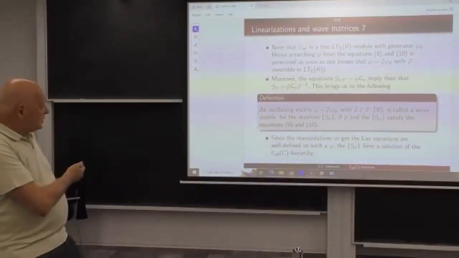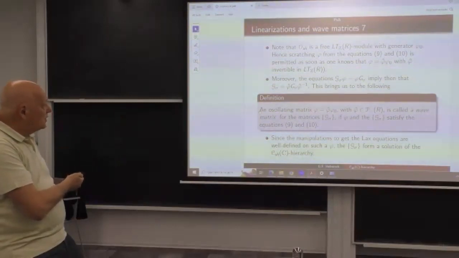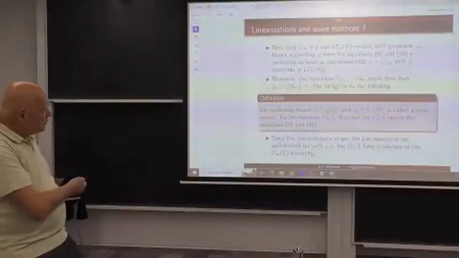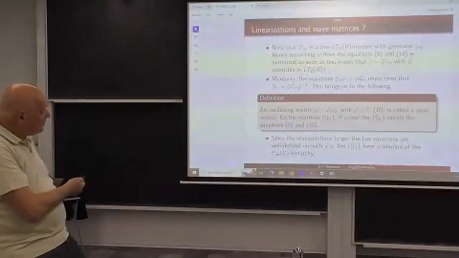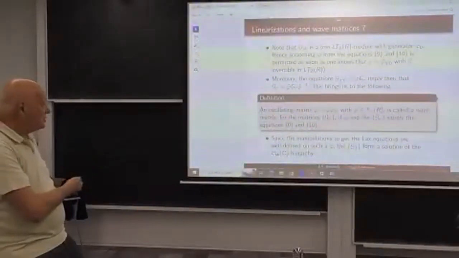Now, if we look for the dressing operators that come from this group that we introduced before, calligraphic P minus R, and phi hat is of this form, is in this group, then you call phi a wave matrix for the matrices G sigma if they satisfy the equations of the linearization.